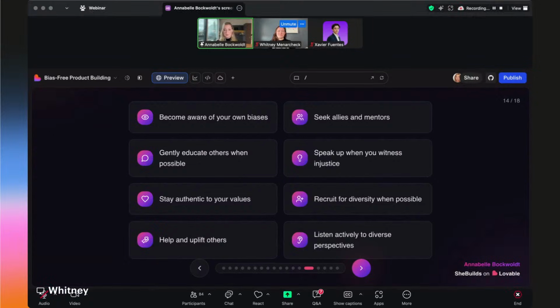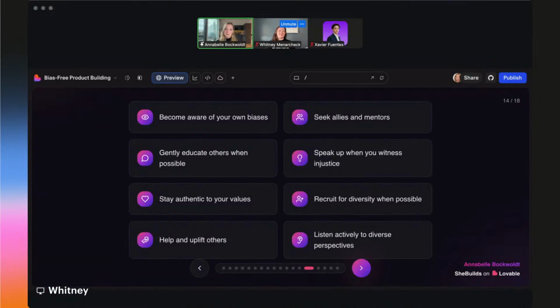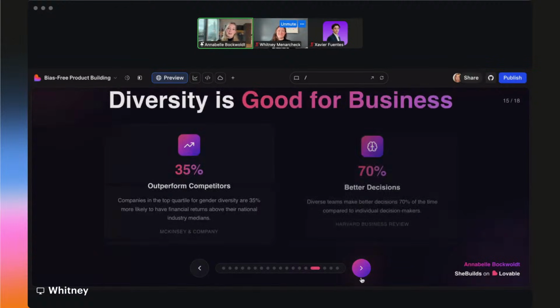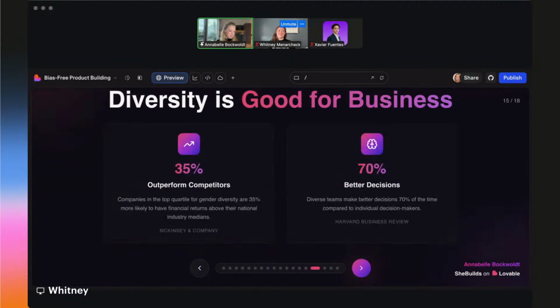Try to have diverse product teams. Try to get as many different perspectives and also listen actively to diverse perspectives. Try to get different opinions and leave your narrow box of thinking. If you need a point for your manager, diversity is always good for business. There's a McKinsey study which says that companies outperform their competitors by 35% if their teams are more diverse than the comparison group.